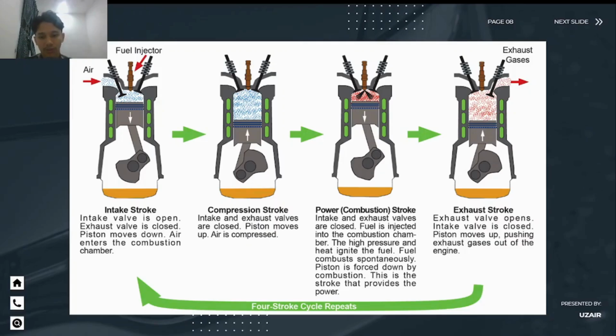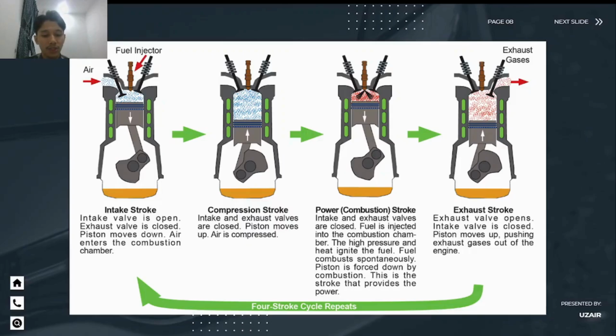Second stroke, which is compression stroke, while intake and exhaust valves are closed, the piston will move from BDC to TDC to compress the air. Then the combustion stroke. While intake and exhaust valves are still closed, the injector will inject the fuel, which is diesel, into the combustion chamber.